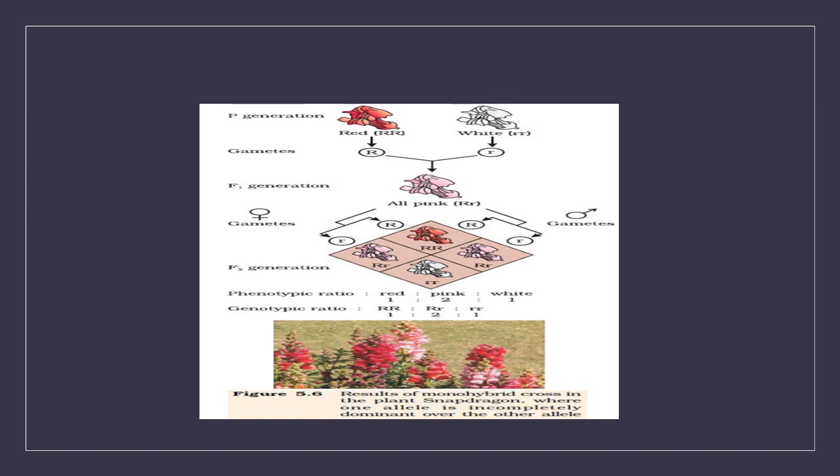This is the result of a monohybrid cross in the snapdragon plant, where one allele is incompletely dominant over the other allele, and that is why pink flowers are formed, in the ratio 1:2:1, that is the genotypic ratio, and the same as the phenotypic ratio. This point is to be considered: the phenotypic and the genotypic ratio are the same.